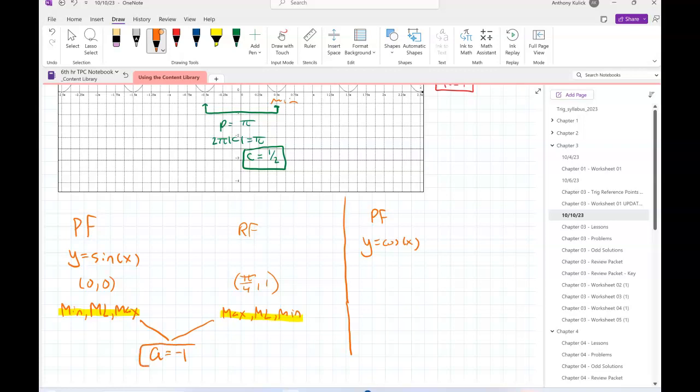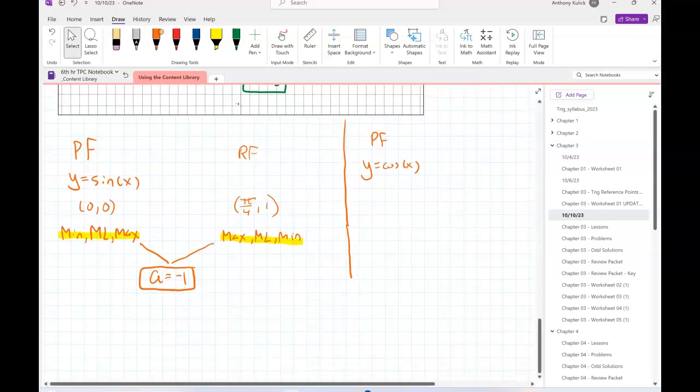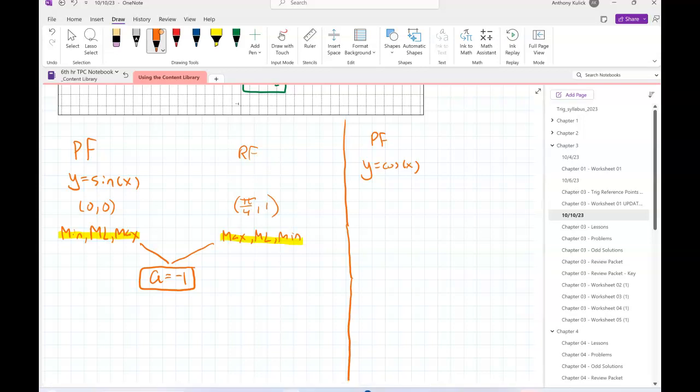It's negative. So far, so good. Now I'm going to find the H, because we've got everything else, right? We've decided it's a sine function. We know the A is negative. We've picked the C to be positive. We knew the K was 1 to start with.